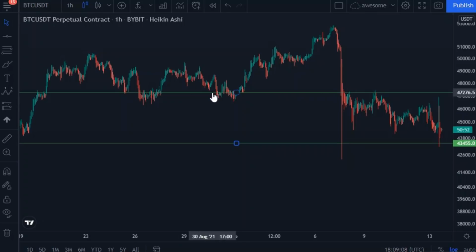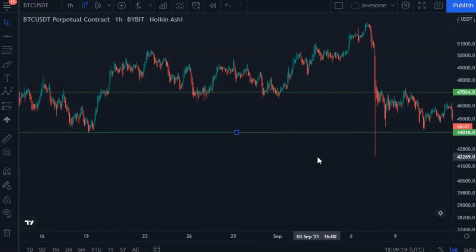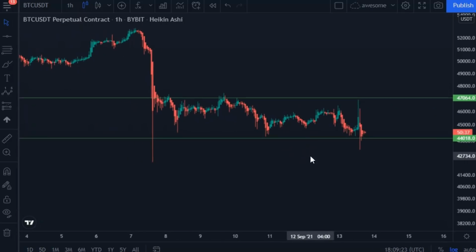And finally, adjust the lines you drew with the previous tops and bottoms, in order to get more accuracy. Now the trading area has become more visible.